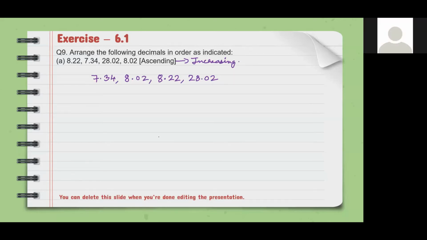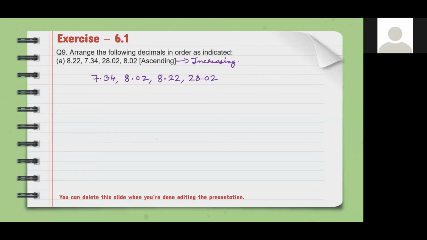First, sir, we took the smaller number. But how did you directly do the comparison? First we have to check whether these are like decimals or unlike decimals. Then only we can compare. These are like decimals, so we directly did the comparison.